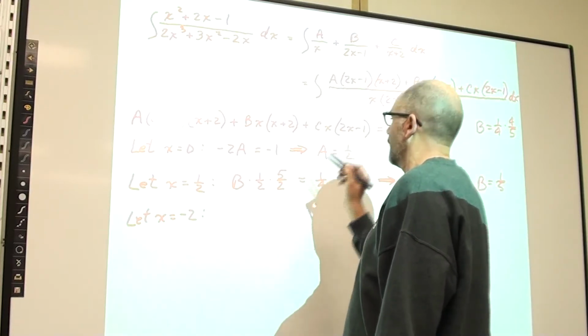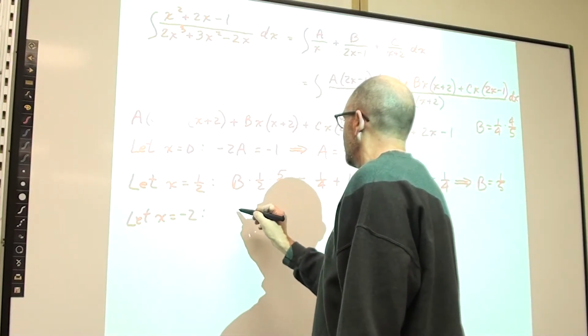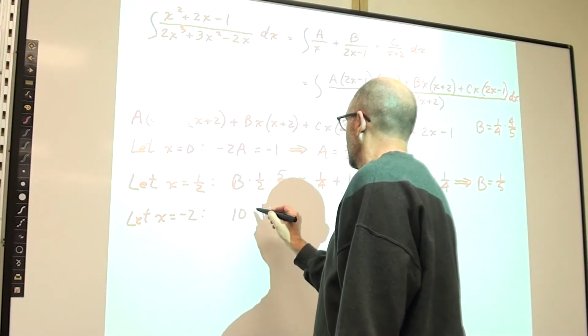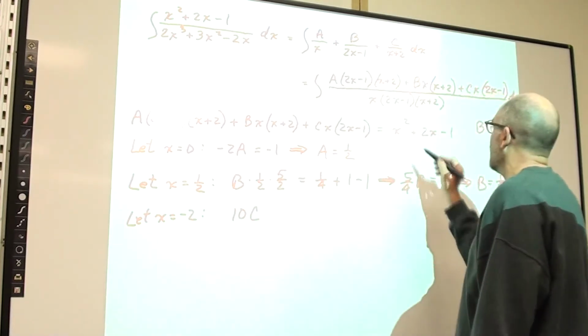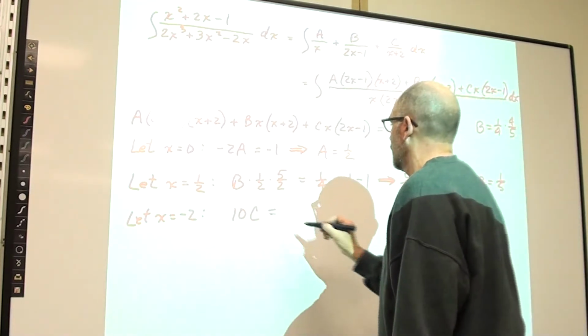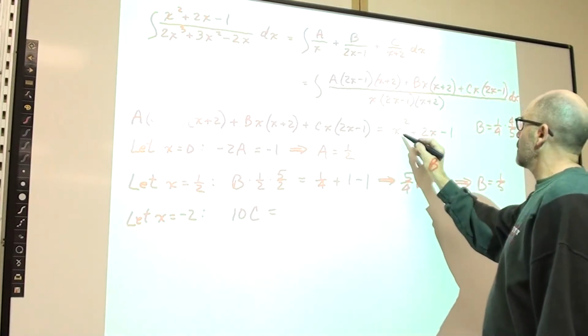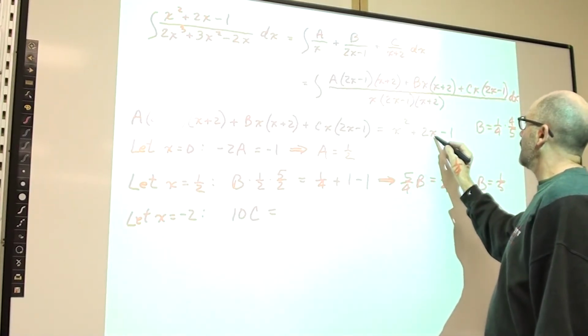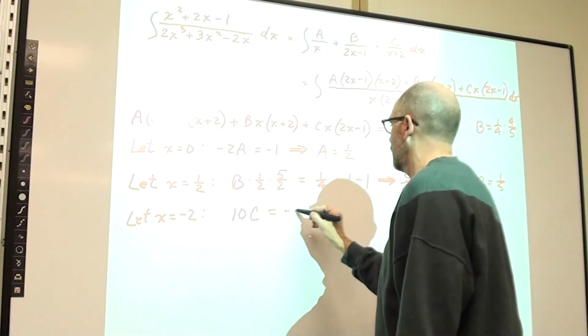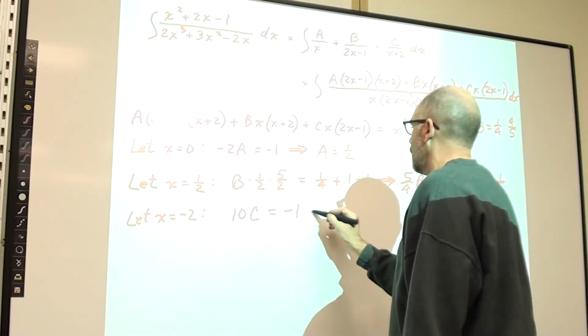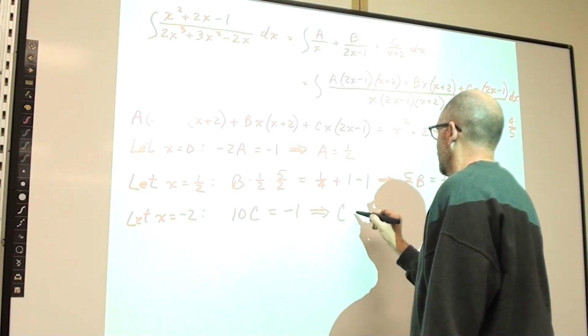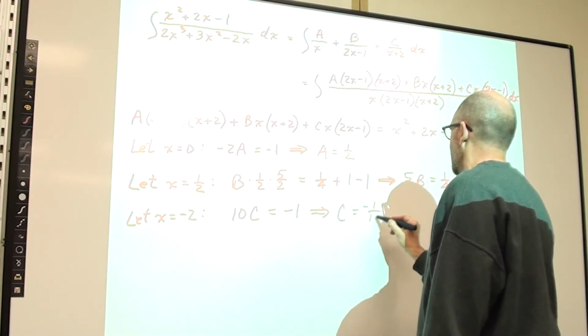So that's c times 10 equals negative 2 squared, which is 4, minus 4 minus 1. So that means c equals negative 1/10.